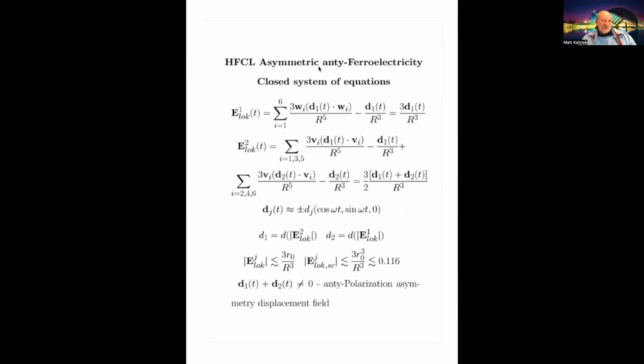And you can also obtain anti-symmetric anti-ferroelectricity when the values of the dipole moments are different on different sublattices in absolute value, and I call it anti-polarization asymmetry displacement field.